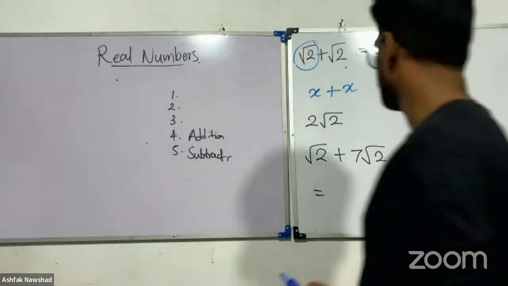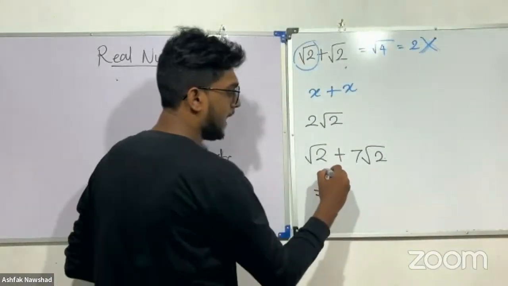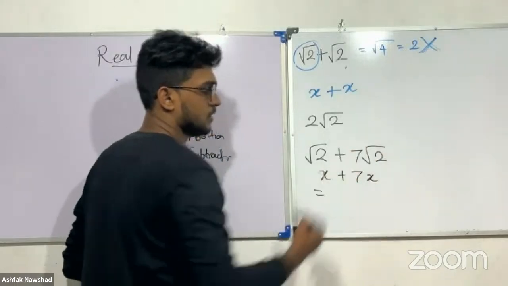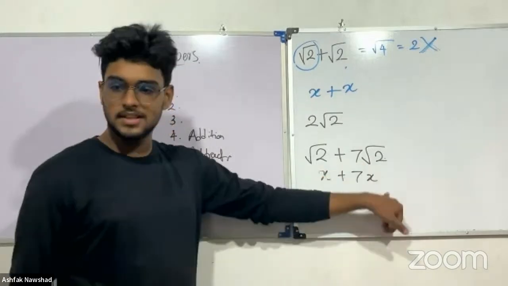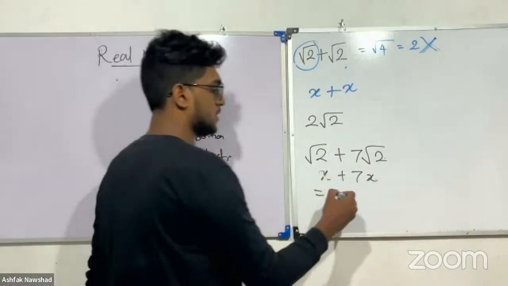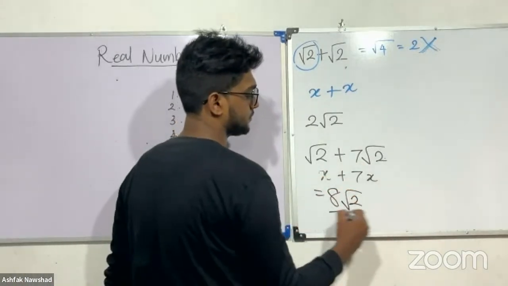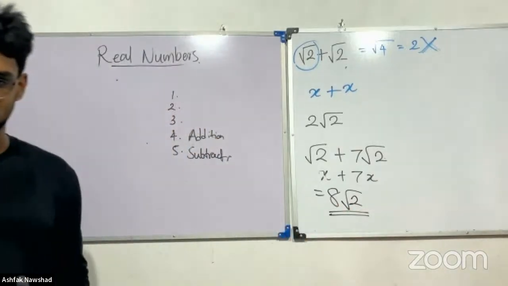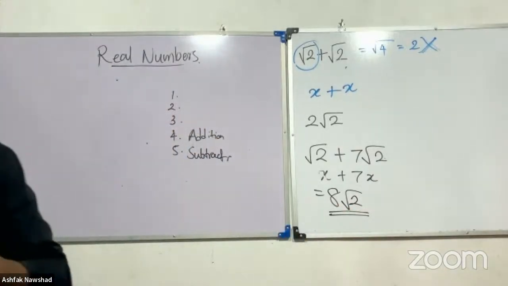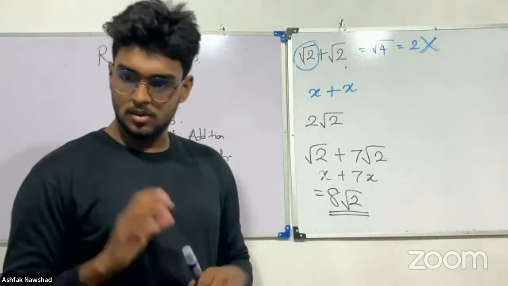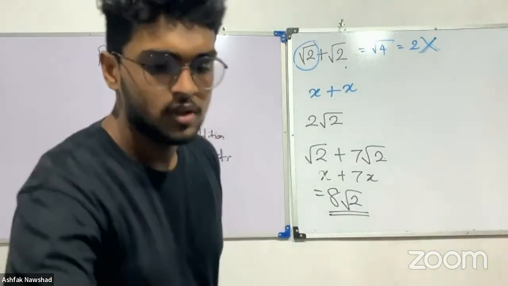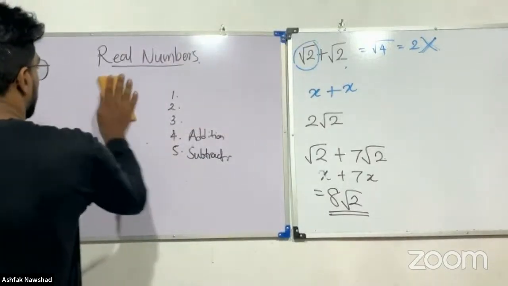Yeah, 8 root 2, because this is something like x plus 7x. We know from the small classes that x plus 7x is 8x. So 8 root 2. I hope that is clear. All right.